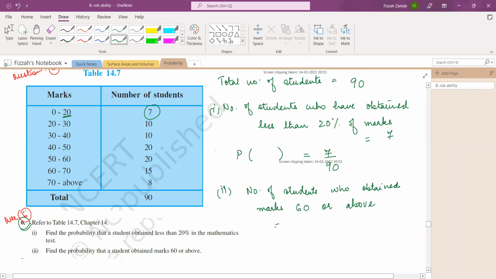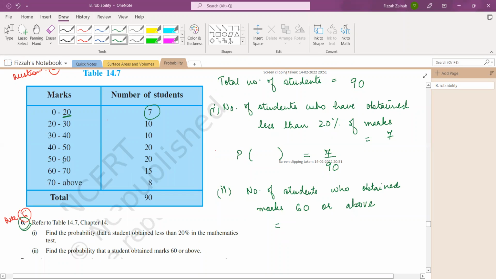So how many students are there? Tell me. Ma'am, 23. 23. Okay. Mridula, what about you? Ma'am, 23. 23. Yes, you are right.